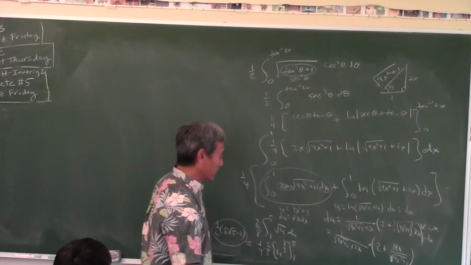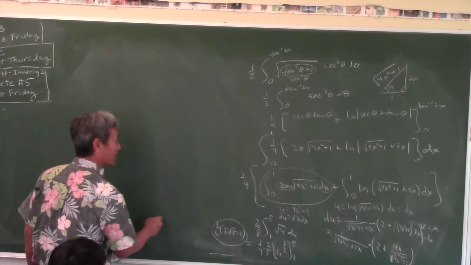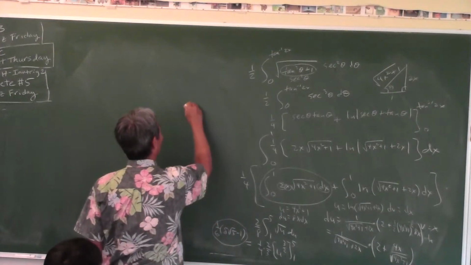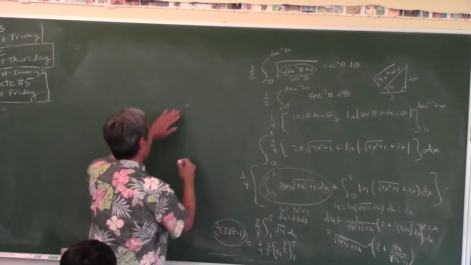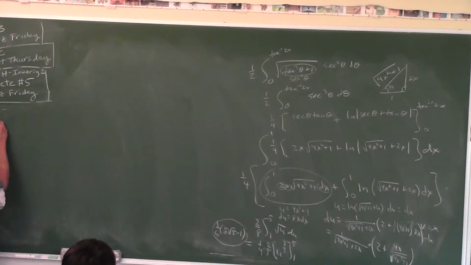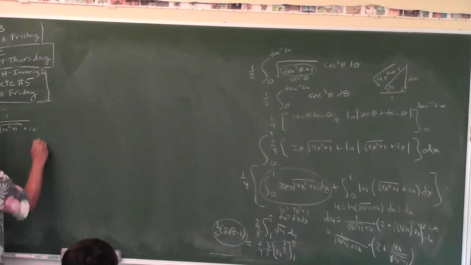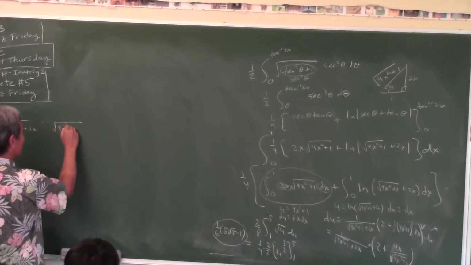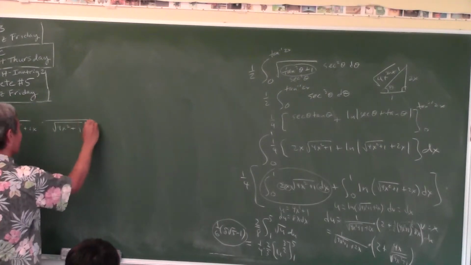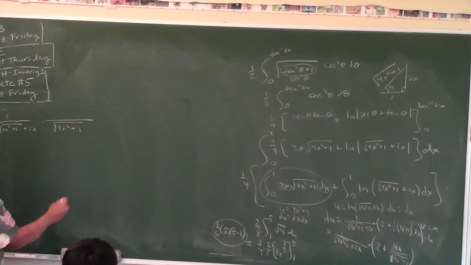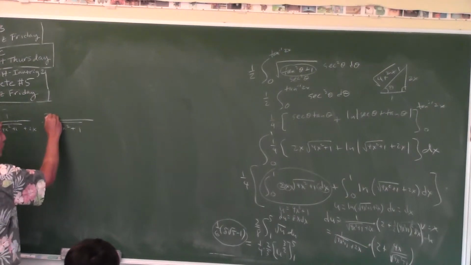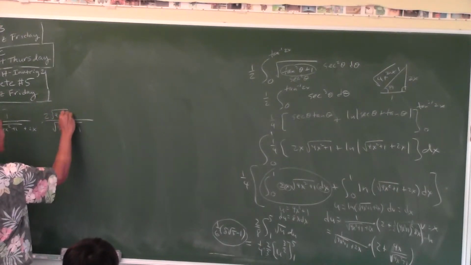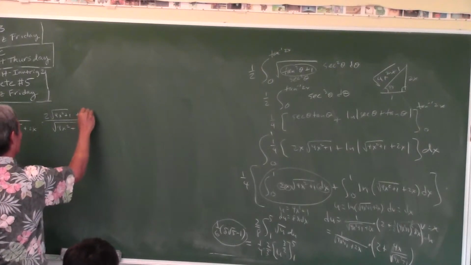Equal 1 over root 4x squared plus 1 plus 2x times, okay, let's make a least common denominator. Look how beautiful this is going to be. This is going to bring tears to your eyes. If I make a least common denominator, what goes on the top? 2 root 4x squared plus 1 plus 4x.